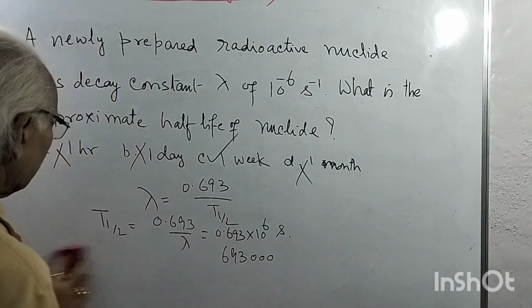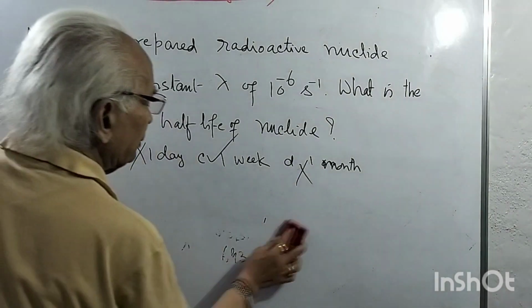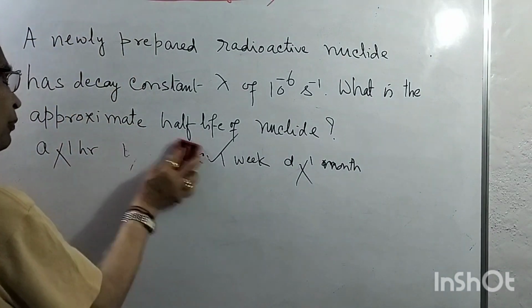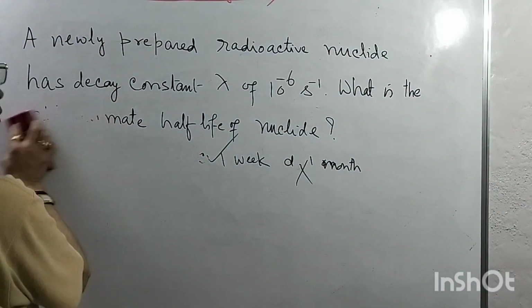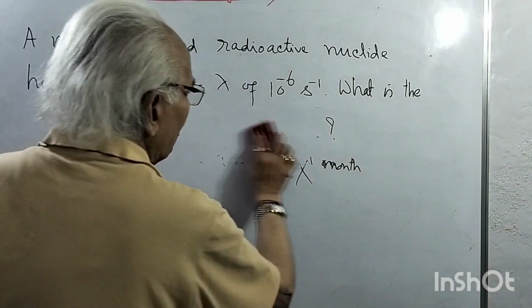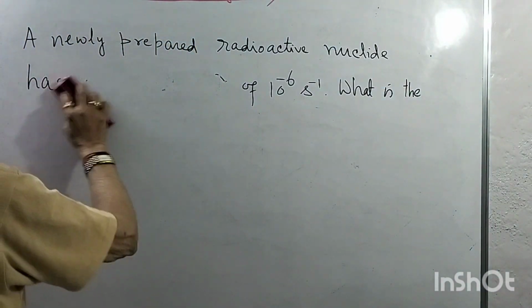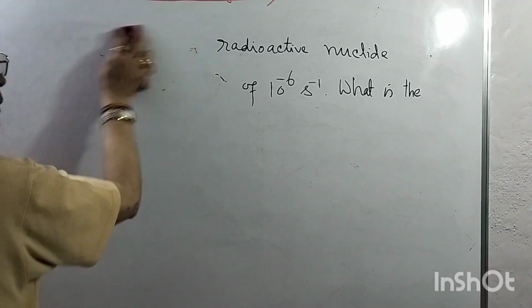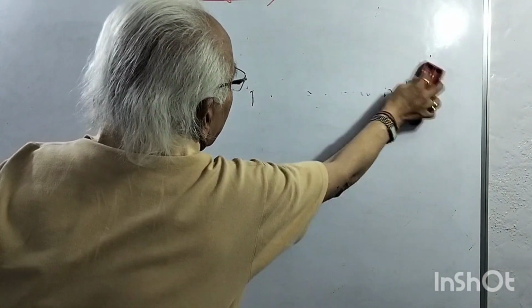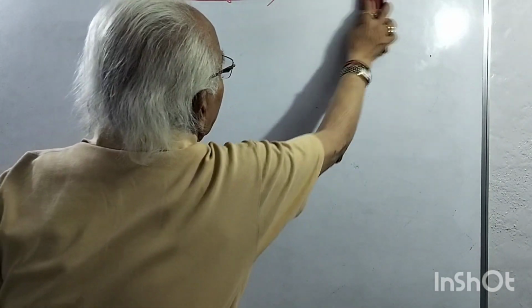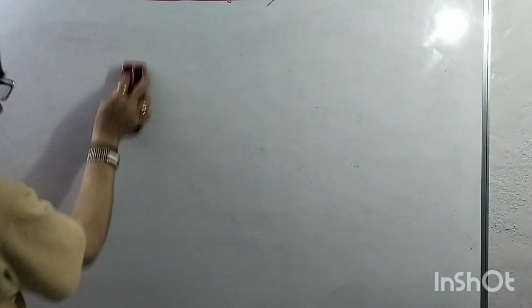So this was very simple answer, just simple small calculations. But from common sense also, without calculations you can judge, because 1 month is too large, 1 day is too small. So obviously 1 hour is further very small. So obviously the answer will be 1 week. Common sense answer, 1 week.